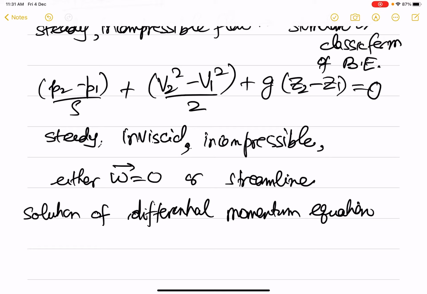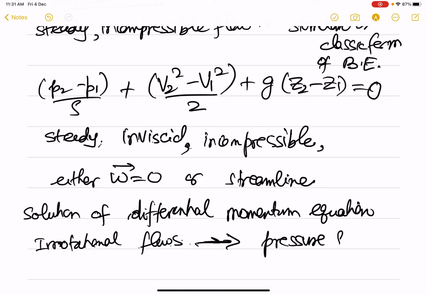And what we will see is that in irrotational flows, this equation, Bernoulli's equation, will give us the relation between pressure and velocity.